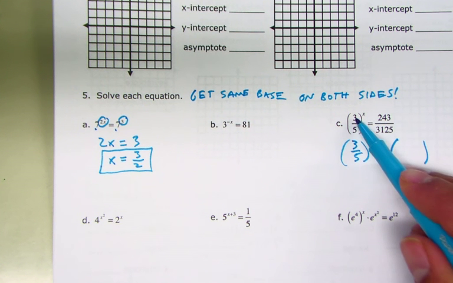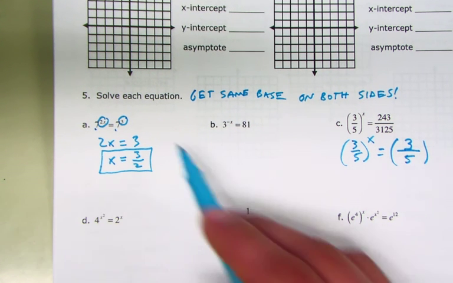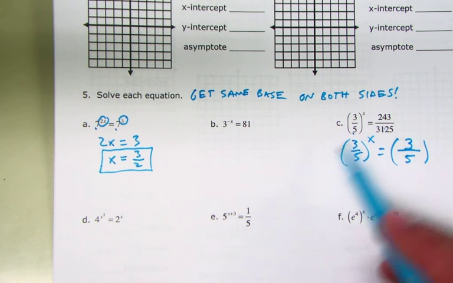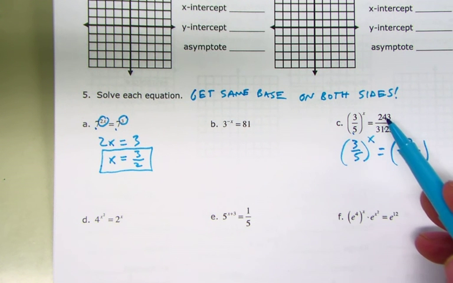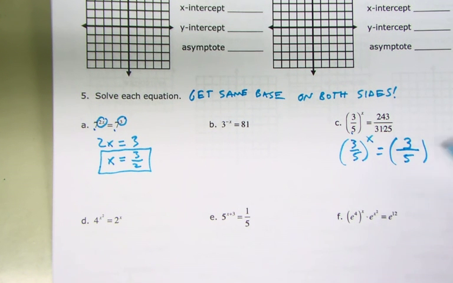let's see. 243 is most likely going to be 3 to a power, and 3125 is going to be 5 to a power. Because the key is we're supposed to get the same base, so that means that this needs to become some version of 3/5. The question is, is it squared, cubed, to the 4th, to the 5th?